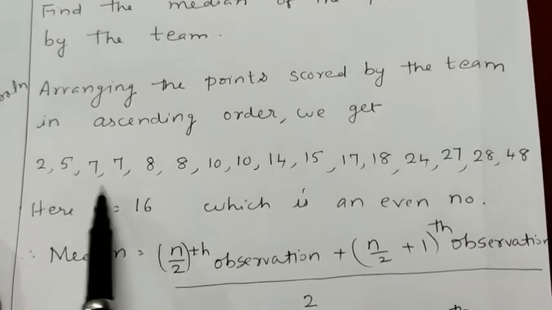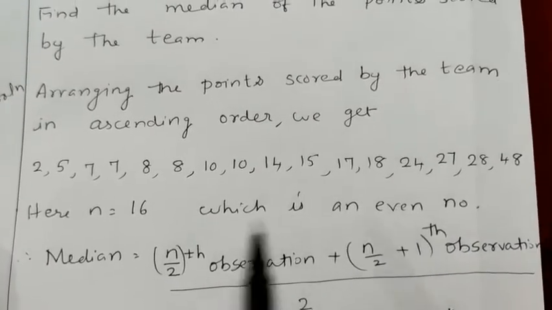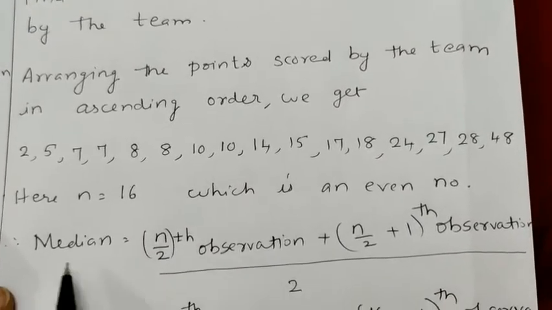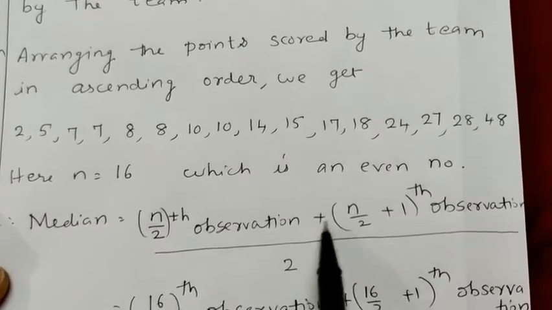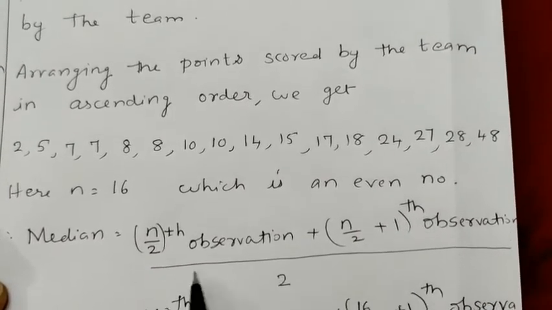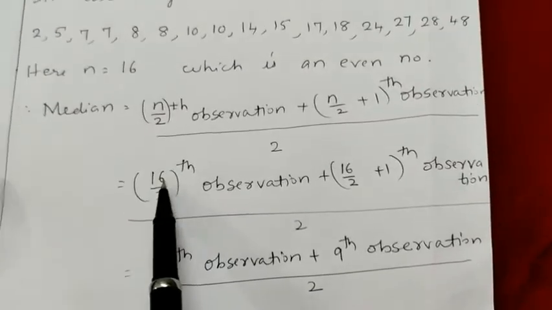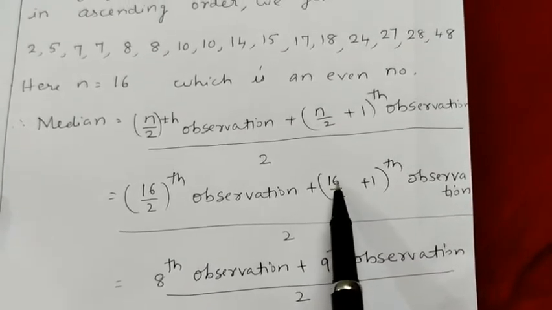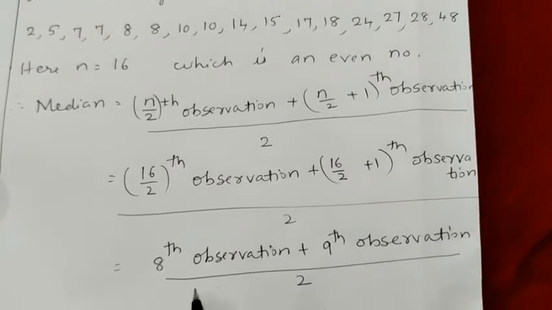Now here the number of observations is equal to 16, which is an even number. If the number of observations is an even number, we have to use this formula to find the median, that is, n by 2th observation plus (n by 2 plus 1)th observation, divided by 2. So let's find out which is this observation: that is 16 by 2th observation, that means 8th observation, plus 16 by 2 plus 1, that means 8 plus 1, that is 9th observation, divided by 2.